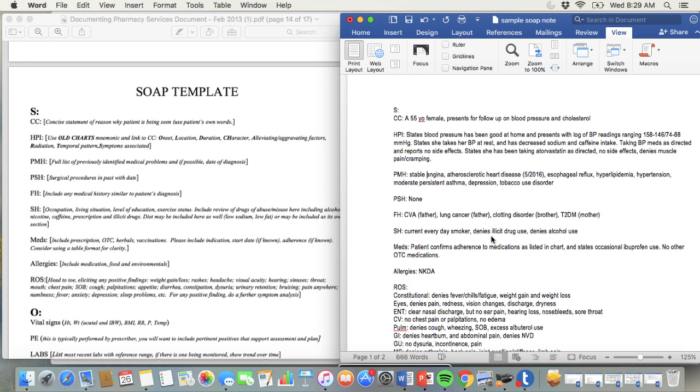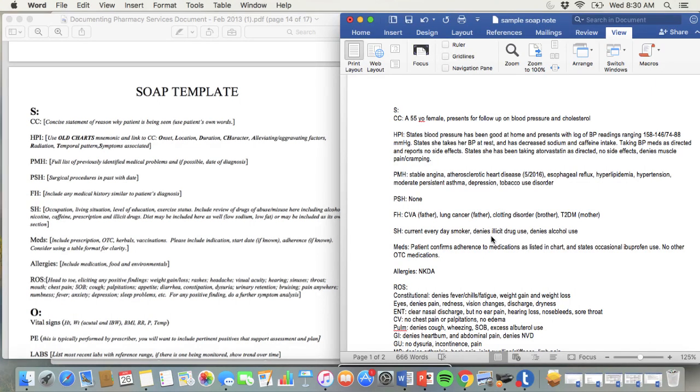Anything that can affect your assessment and plan should be included in your subjective and objective information. So this patient has a history of stable angina, which was worked up and found to be atherosclerotic heart disease in May of 2016. She has esophageal reflux, hyperlipidemia, hypertension, moderate persistent asthma, depression, and tobacco use disorder.